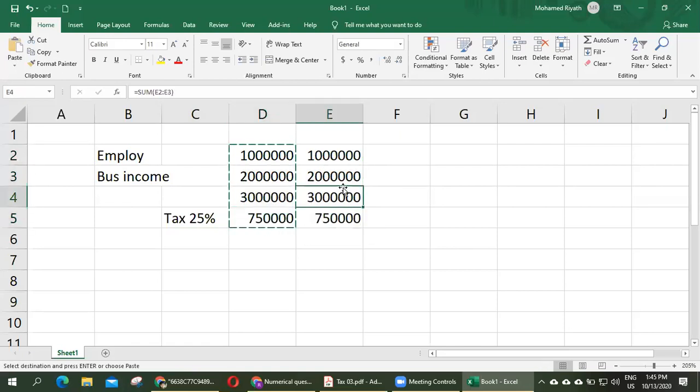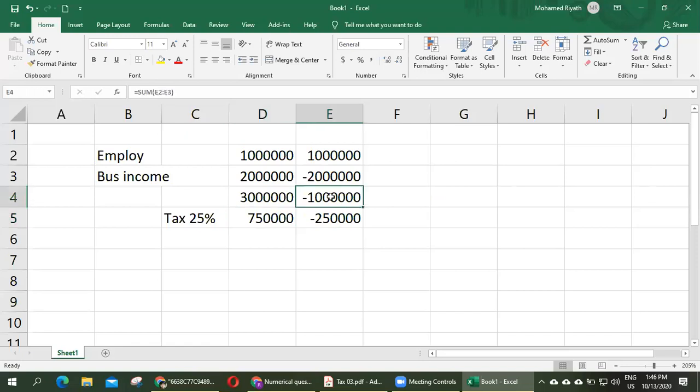Assume that he is facing a loss of, say, 2 million in business. Then how much tax is payable? Are there any amount to pay as tax? The total is a minus value, a 1 million loss. So 250,000 the person should receive from where? The government. If they earn income, they should pay tax of 750,000.